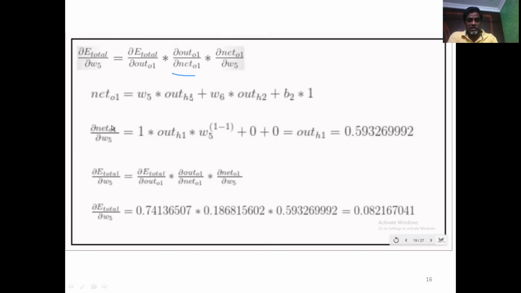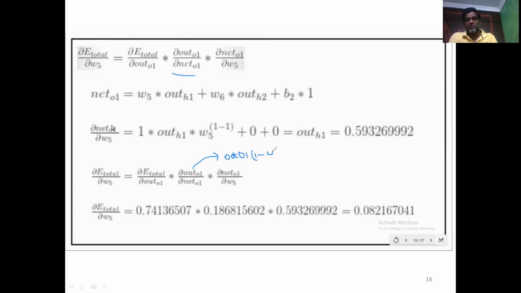Actually, dou out O1 by dou net O1 is calculated with the formula for the sigmoid function. We can use the formula out O1 into 1 minus out O1.